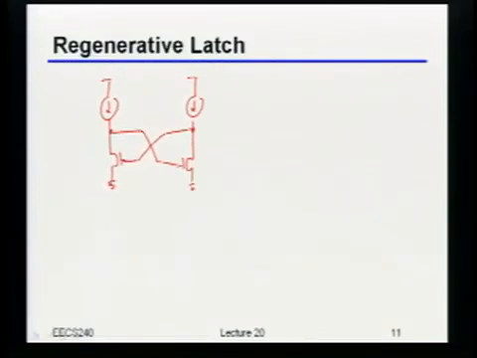Now, what I've drawn right here is just a latch, right? It's just going to go one way or the other. So it doesn't exactly work as a comparator just yet, because I haven't figured out any way of actually getting the input signal in yet, right? Okay, so to do that, at least just conceptually, let's say I take VI plus, and I just add some switches over here, okay?